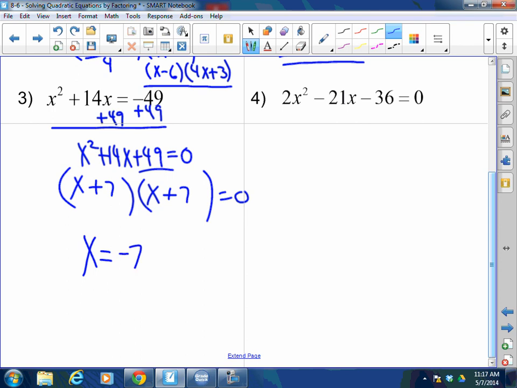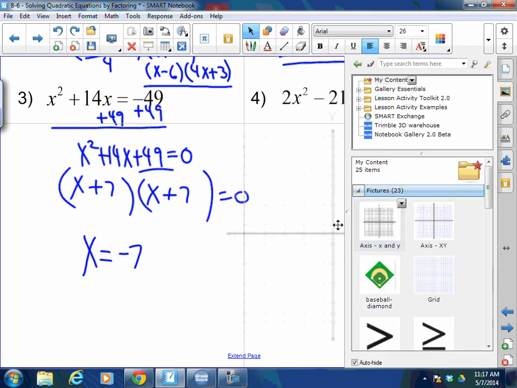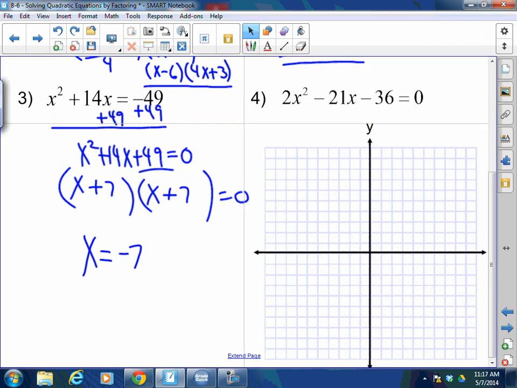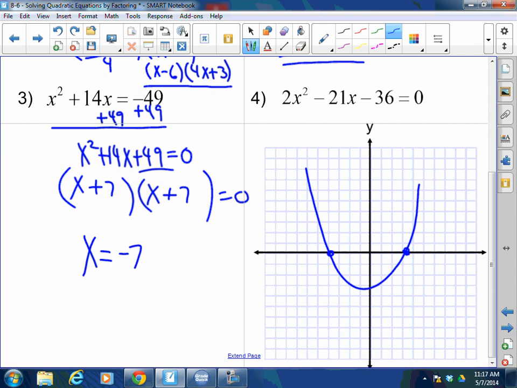Okay, you don't have to write negative 7 twice. Let me explain why. You can only graph once. Remember, parabolas, guys, can have two solutions, right? Or if they're going down like this, two solutions.